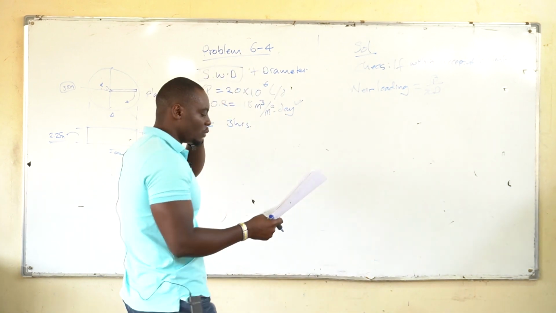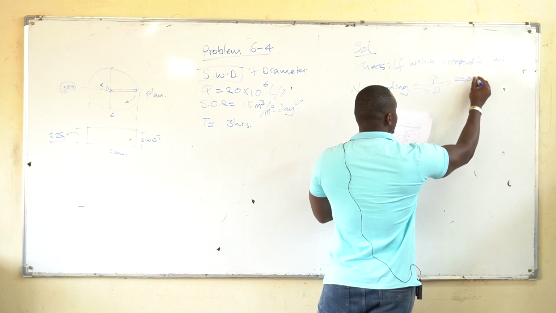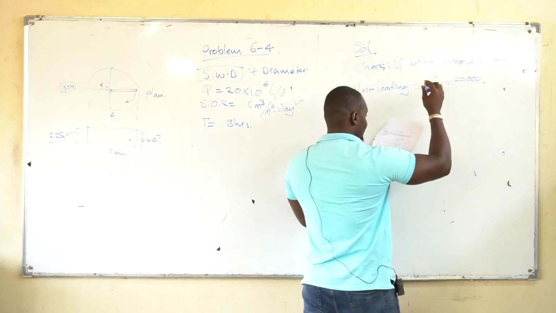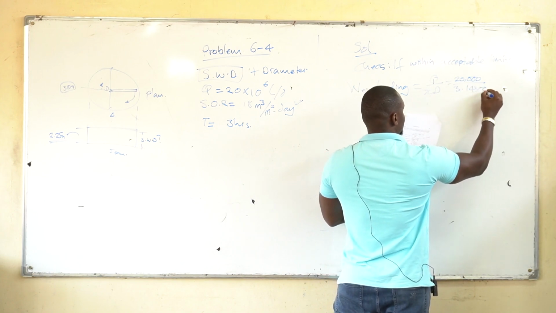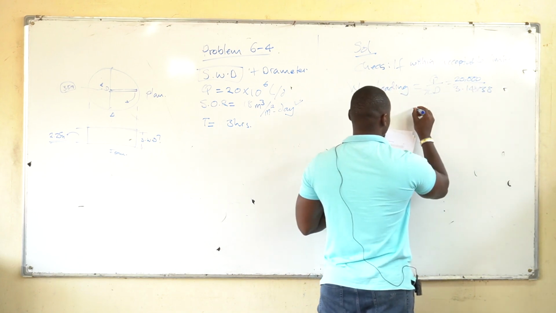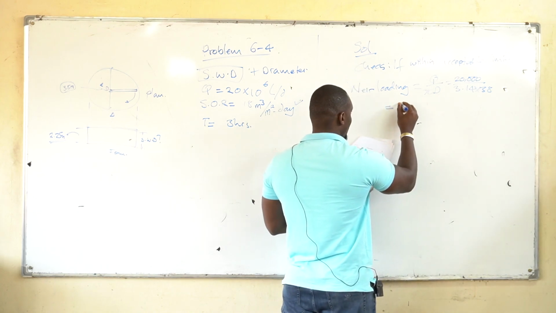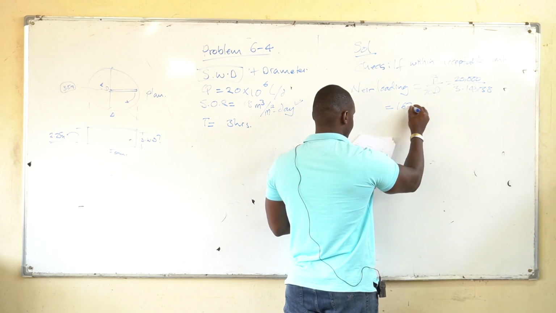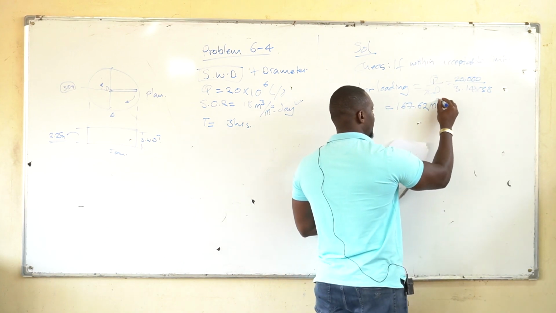The Q we were already given. So you go on to say your 20,000 sitting over here divided by 3.14 by your 38. And the answer that you're finding is equal to 167.62 cubic meter.